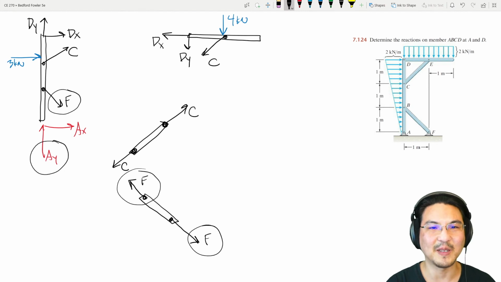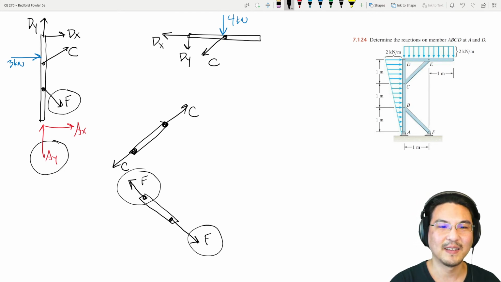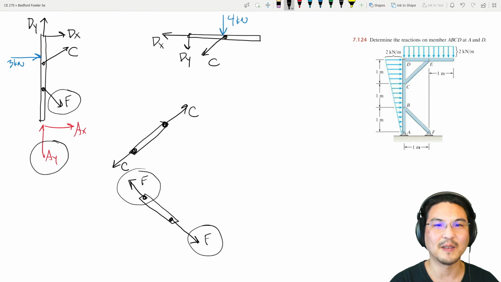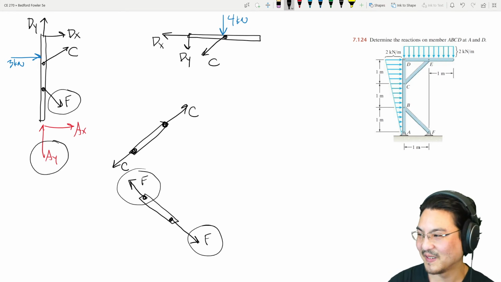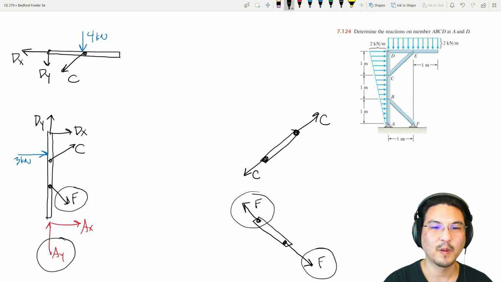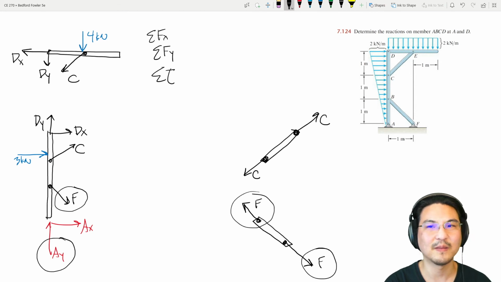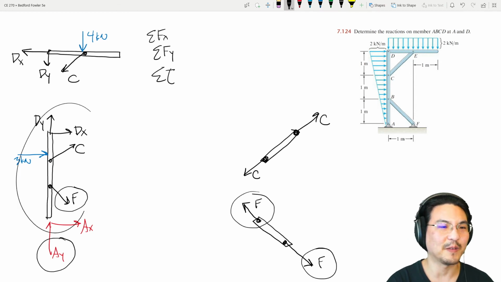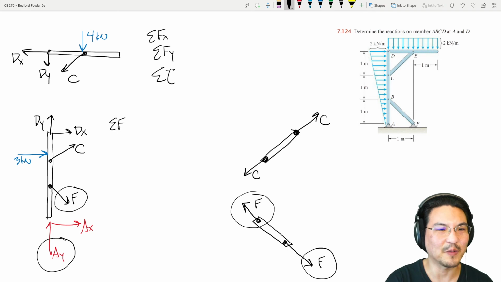Now, let's see, what should we do? For each of these, okay, let me make a little bit more space again. For this member, we can write at least these equations, and then we can sum torque about somewhere. For this member, similarly, we can sum forces in x, sum forces in y, sum torque about somewhere clever.